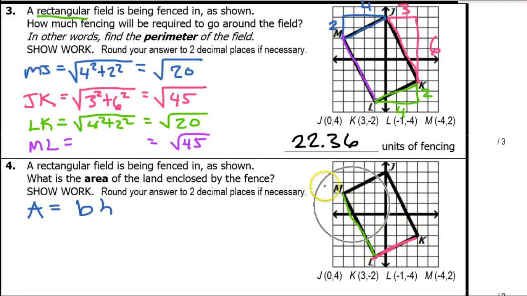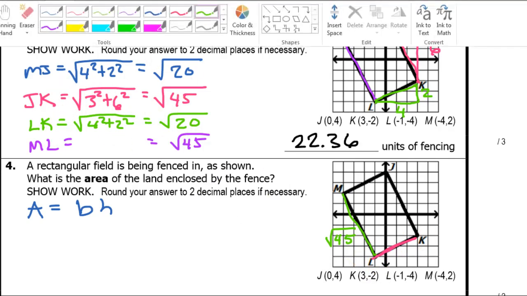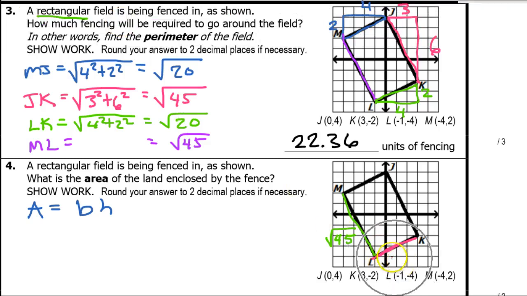So I've got the base and I've got the height. Now ML was radical 45. We found that on the previous problem. And LK was radical 20. All right, so base times height, we're just going to multiply these.